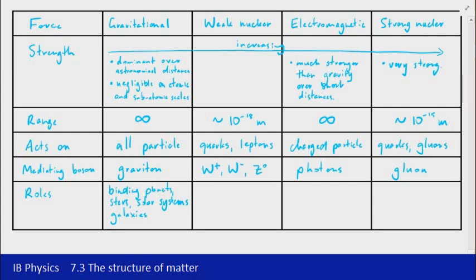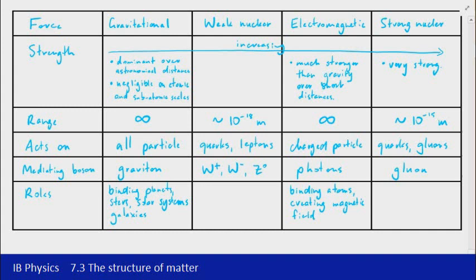The electromagnetic force is responsible for binding atoms together, and it's also responsible for creating magnetic fields. The creation of magnetic fields is due to the fact that charged particles have a spin, and that spin causes the creation of a magnetic field.